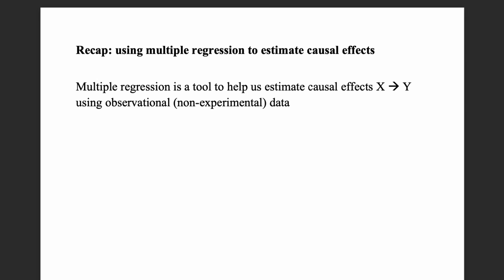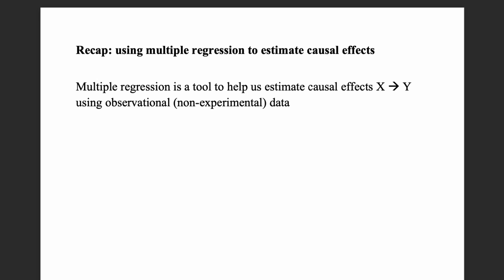What do we now know about how to use multiple regression analysis to estimate causal effects? Well, we know that regression analysis is a useful tool to help us estimate causal effects of x's on y's, so of independent variables on dependent variables, especially in situations where we cannot assume that the values of our x variables are randomly assigned to a treatment and control group, but rather that we have to use observational data, which is usually the case, of course, in the political sciences.